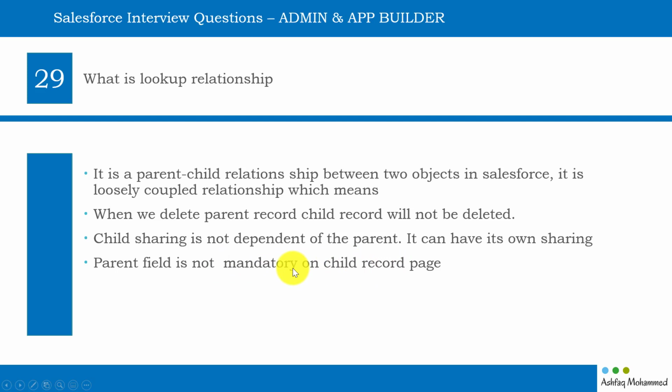As I said, when you create a child record, it will give an option to look up to a parent, but it will not stop you. You can create this child independent of the parent. That is the reason it is a loosely coupled relationship. And then you can create up to 25 lookup relationships on an object.